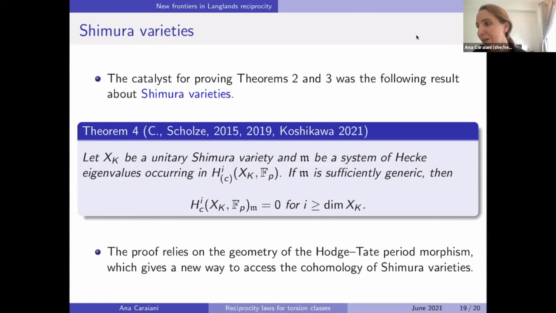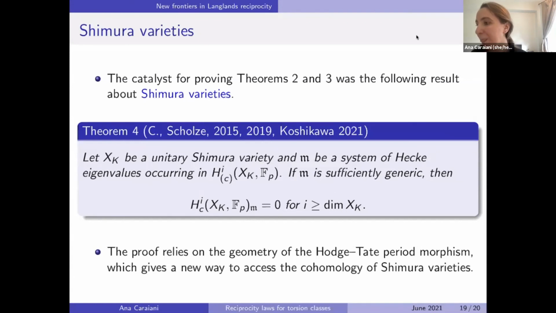And then there's a folklore conjecture that predicts that the cohomology of a Shimura variety, the part of the cohomology that is concentrated outside the middle degree, is somehow degenerate. And we proved a version of this conjecture for unitary Shimura varieties. So you want to look at a system of Hecke eigenvalues that occurs in the cohomology, either usual or with compact support.